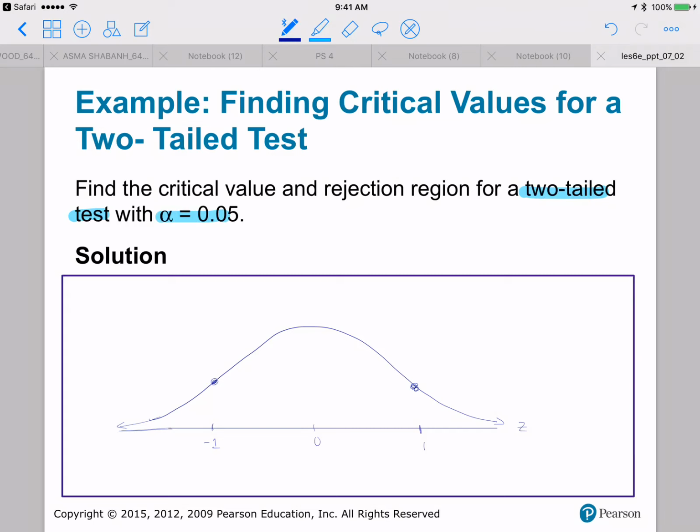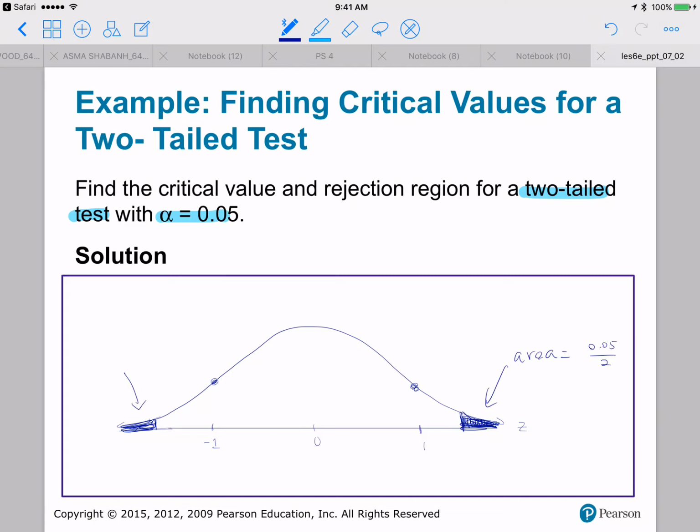So we want a two-tailed test, and we want alpha equal to 0.05. So this means that we're going to have two tails. So I'll just say we've got a left tail and a right tail. I'm just estimating here.